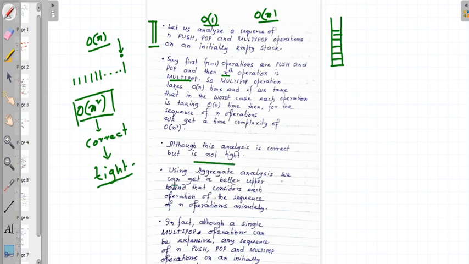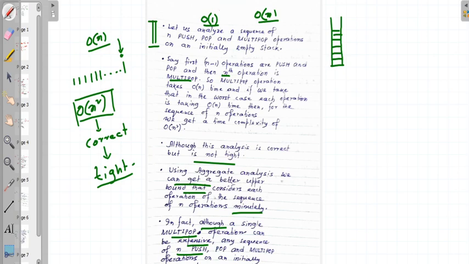Using aggregate analysis, we can get a better upper bound that considers each operation of the sequence of n operations minutely. In fact, although a single multi-pop operation can be expensive, any sequence of n push, pop, and multi-pop operations on an initially empty stack can cost at most order of n.